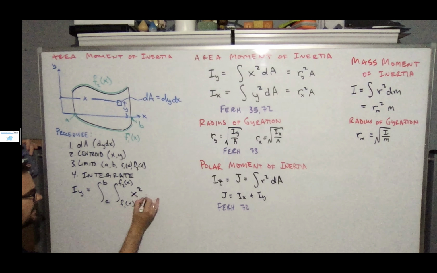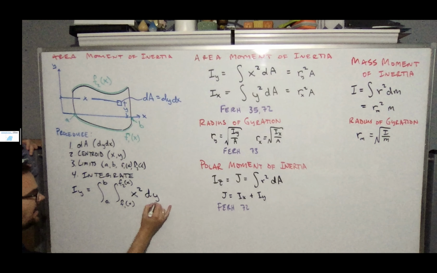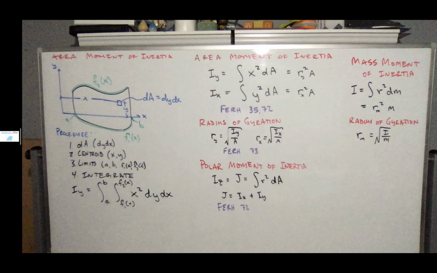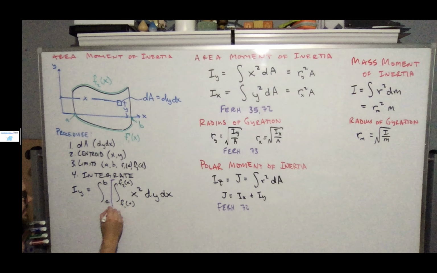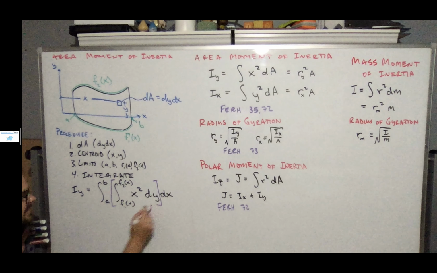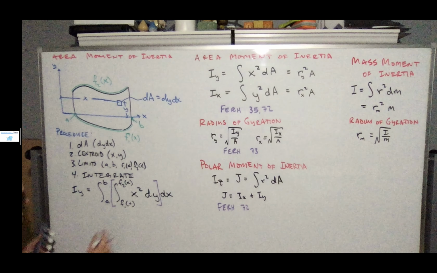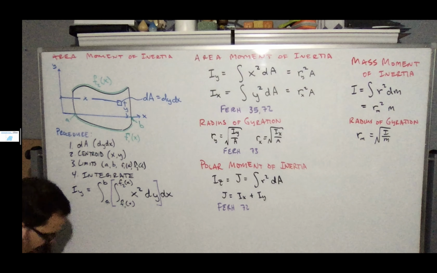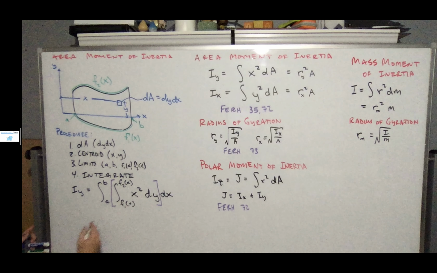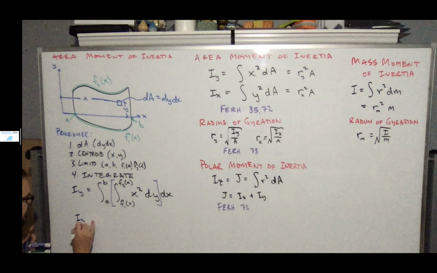So I'm going to have x squared dy dx. And we'll remember, or at least be reminded, that if we're doing double integration, we integrate the inside component, so the first differential unit first, and then we'll do the outside, like so. And I got that x squared in there because I'm doing moment of inertia.